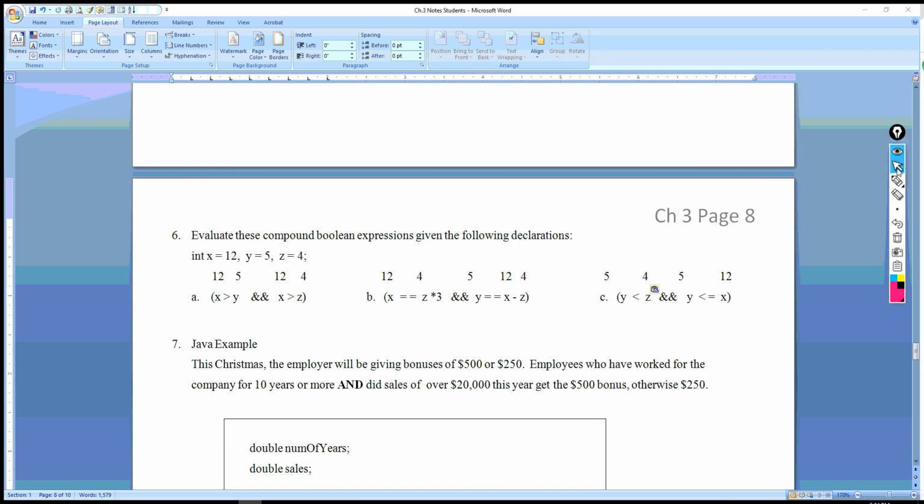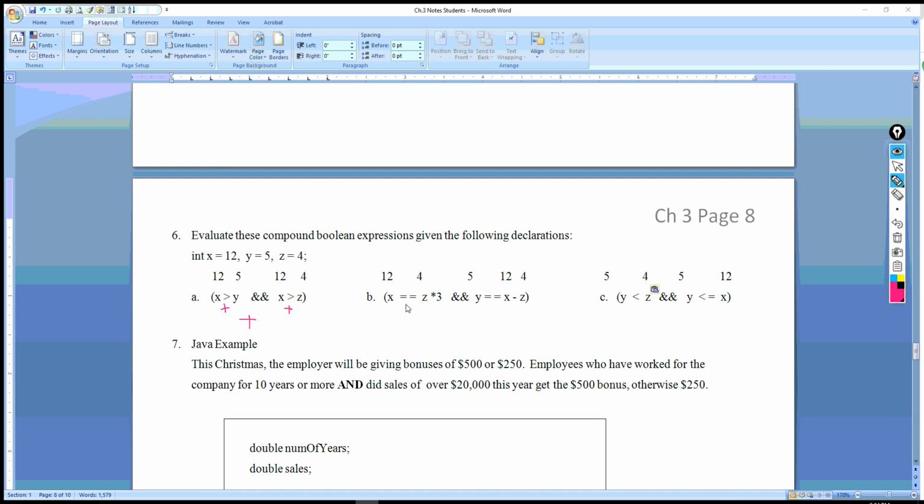Okay, so let's take a look at these. So you have 12 is greater than y, which is true. And then you have x, 12 is greater than 4, which is true. So since they're both true, she did the dishes, she took out the trash, then the whole thing is true, and you get to go to Dairy Queen.